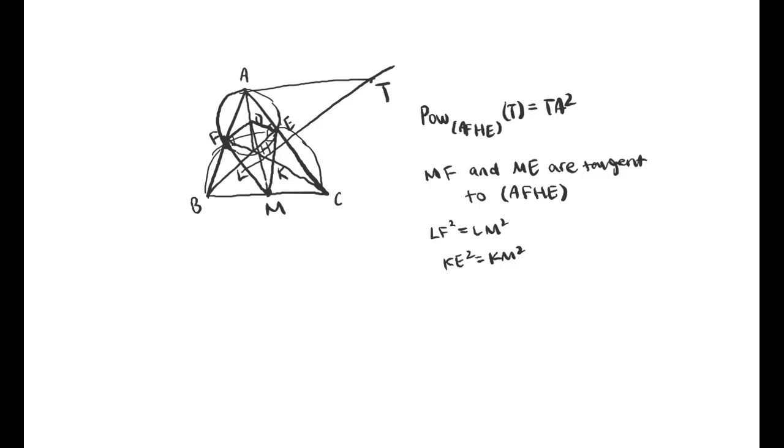So LK is the radical axis of the circumcircle of AFHE and the circle at M. And since by definition T lies on LK, we know that TA squared equals TM squared, which means that TA equals TM. And this is basically what we wanted. So we're done.